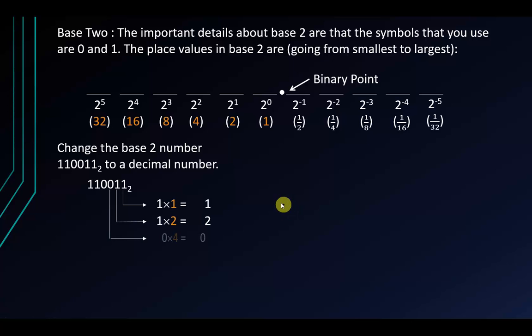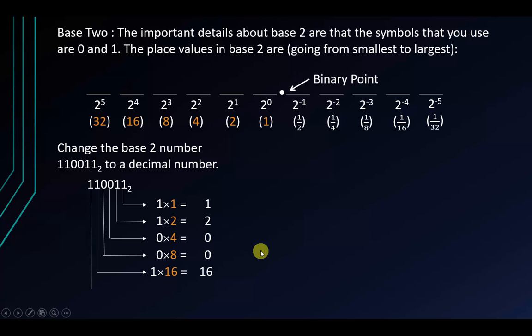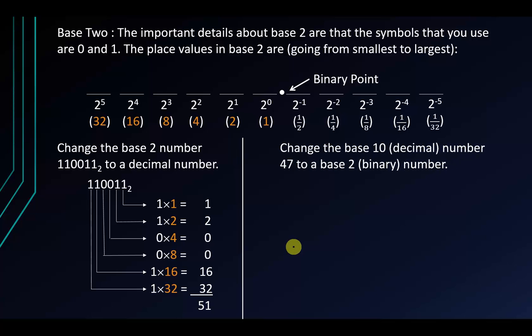The third one is a 0, so it's going to obviously have no value. The next one will have no value. This one will be 16, because it's here. And then the final one will have a value, of course, of 32. So you add all those up, and you get 51.